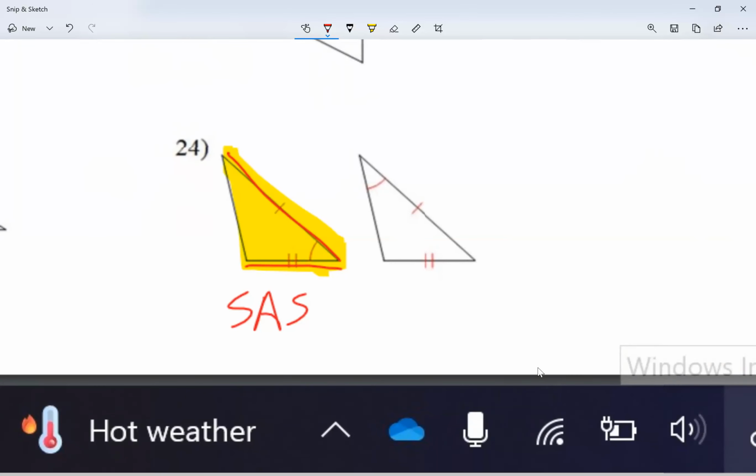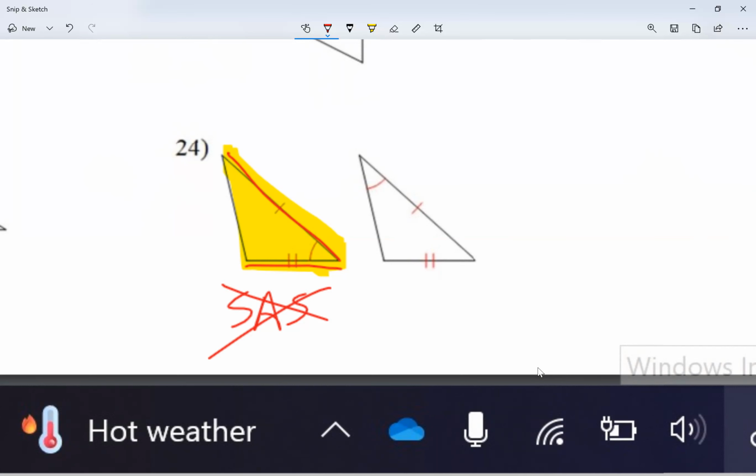And then I ask you, quickly take a look at the other triangle, make sure that it is marked the same way. You're like, no, it's not. It's not marked the same way. I didn't mark the same angle. I marked them differently. So when the two triangles are not marked the same, I'm not gonna say this is side angle side because the other triangle is not side angle side.